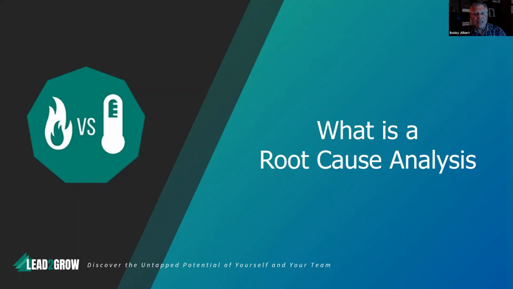The answer might be that they are fearful and lack trust in management. If you ask, why are my employees afraid and lack trust? The answer may be that you have a manager who exhibits destructive behavior. Next, you ask, why does my manager exhibit destructive behavior?